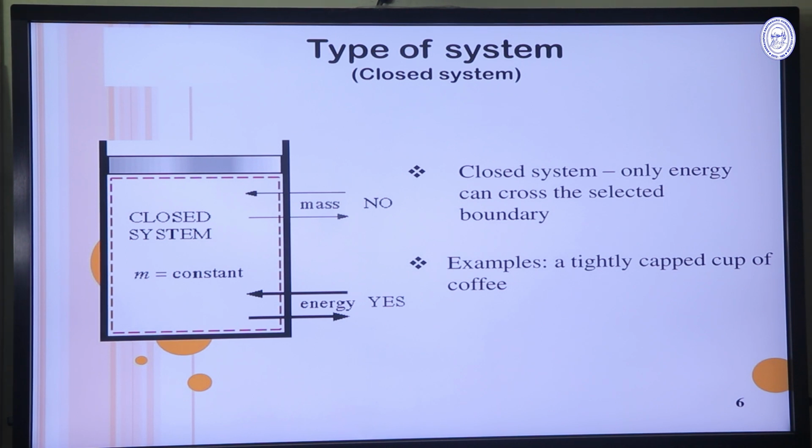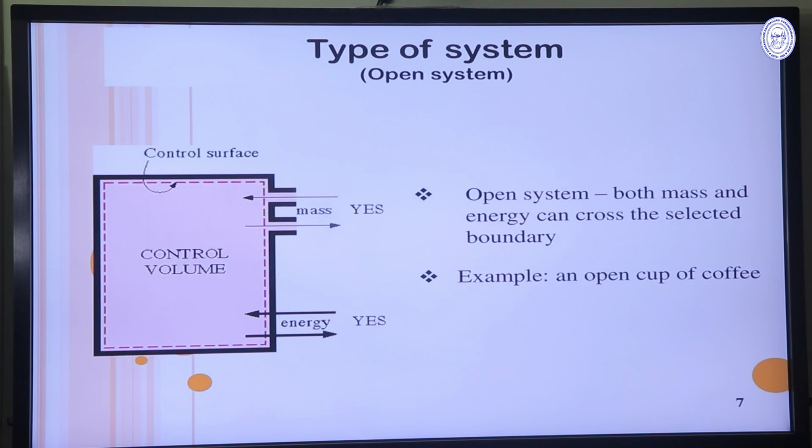The temperature will continuously decrease, and slowly there will be a release of energy and the coffee will cool down, whereas after 1 or 2 hours I will see no exchange of mass has taken place. So such a system can be called a closed system.